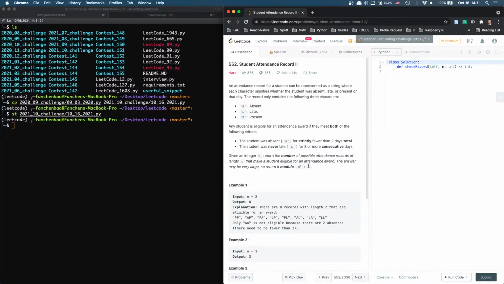So if we think about it, a single L is an element, and LL we can consider as another element. So we need to make sure that these two elements are not adjacent to each other. Anyway, okay, so n equals 2.